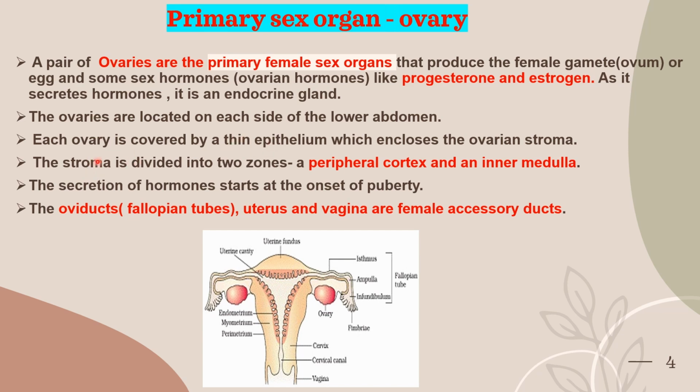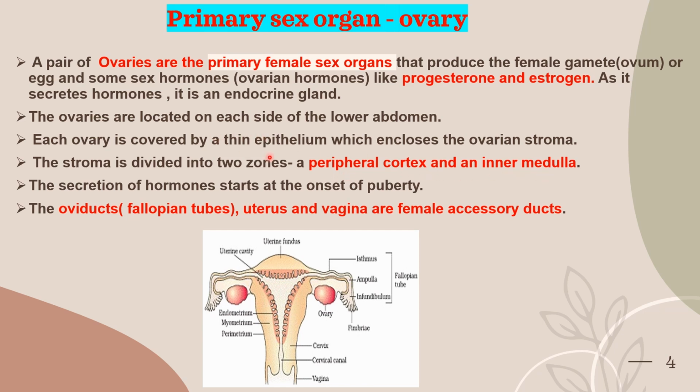Coming to the structure of the ovary, each ovary is covered by a thin epithelium that encloses the underlying structure called the ovarian stroma. This ovarian stroma is further divided into two zones: a peripheral cortex and an inner medulla.